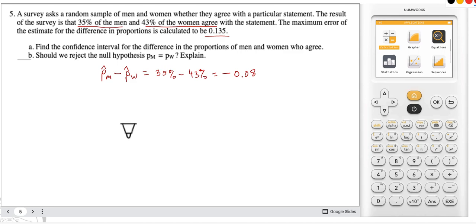And so to get our confidence interval for the true proportions from the populations, for this end, we will add 13.5%. You add these together, you get 0.055.